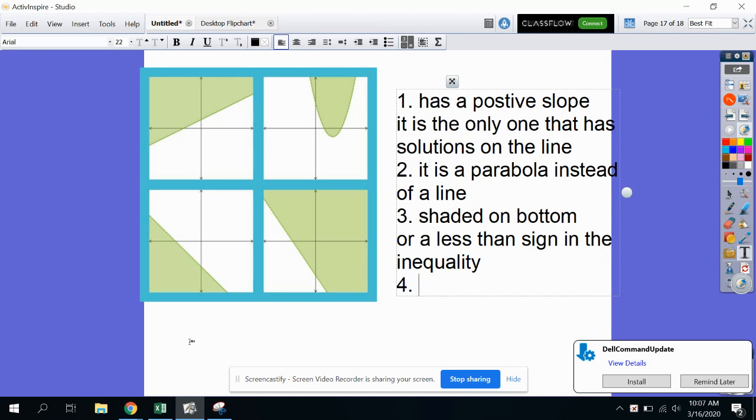Last but not least, now this one actually took me a little while, and I'm not exactly sure what they're looking for on it. It's greater than, but these other two are greater than. It's decreasing, but this one's also decreasing. It has a negative y-intercept, but this one has a negative y-intercept.